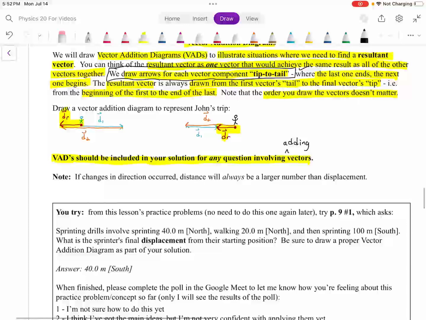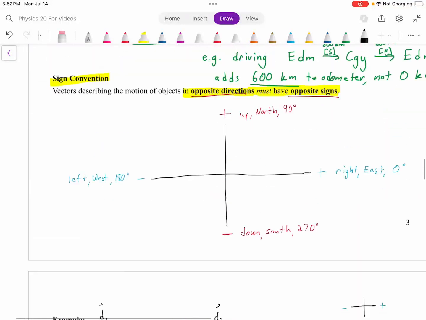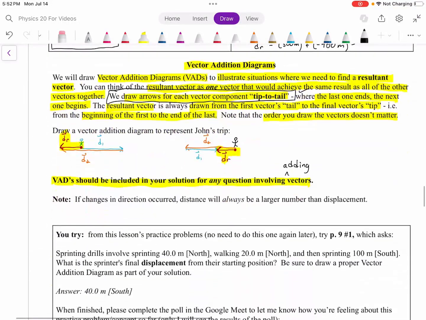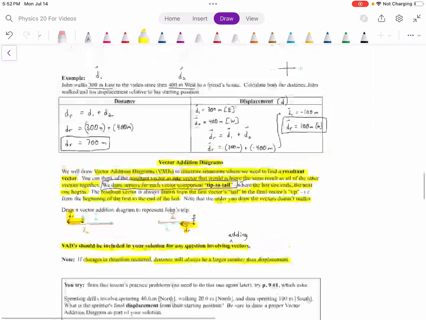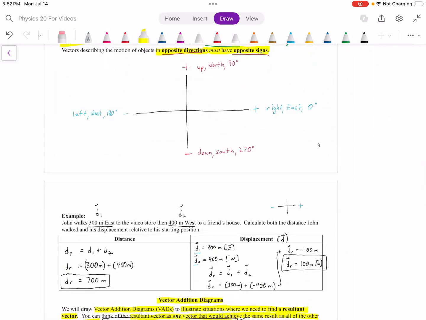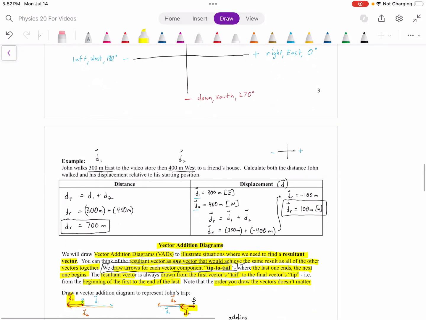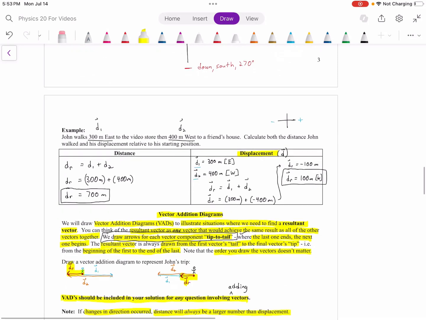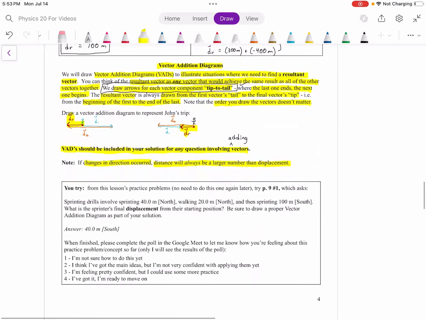Okay, so we can see from this, right, this idea of distance versus displacement, that if changes in direction occurred, distance is always going to be a larger number than displacement, right? Because when you're changing direction, you're now possibly canceling out, or at least not working as efficiently towards your displacement, whereas for distance, it all just gets counted no matter what direction you're going.